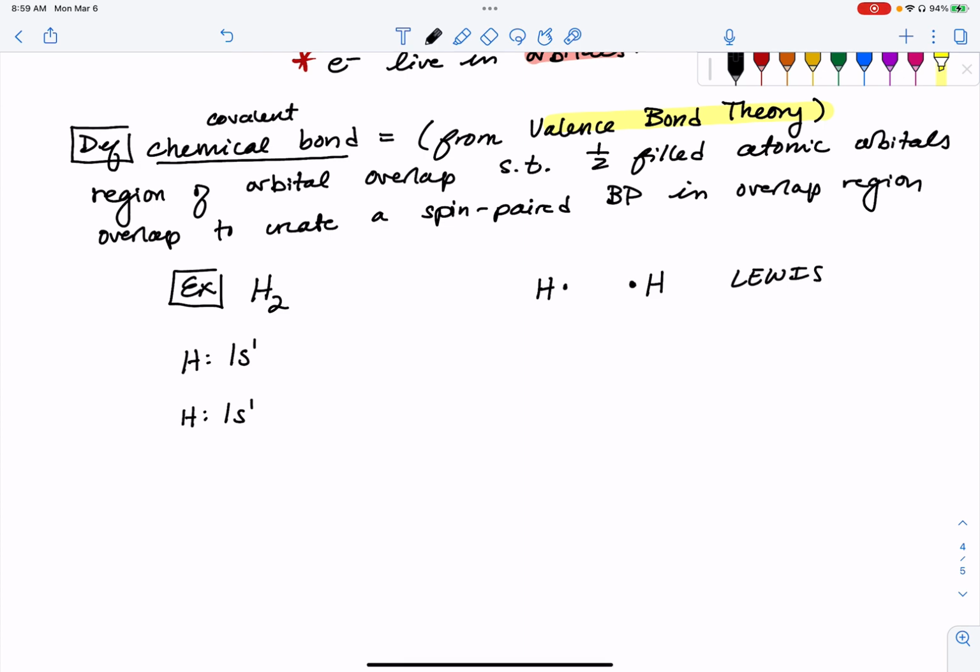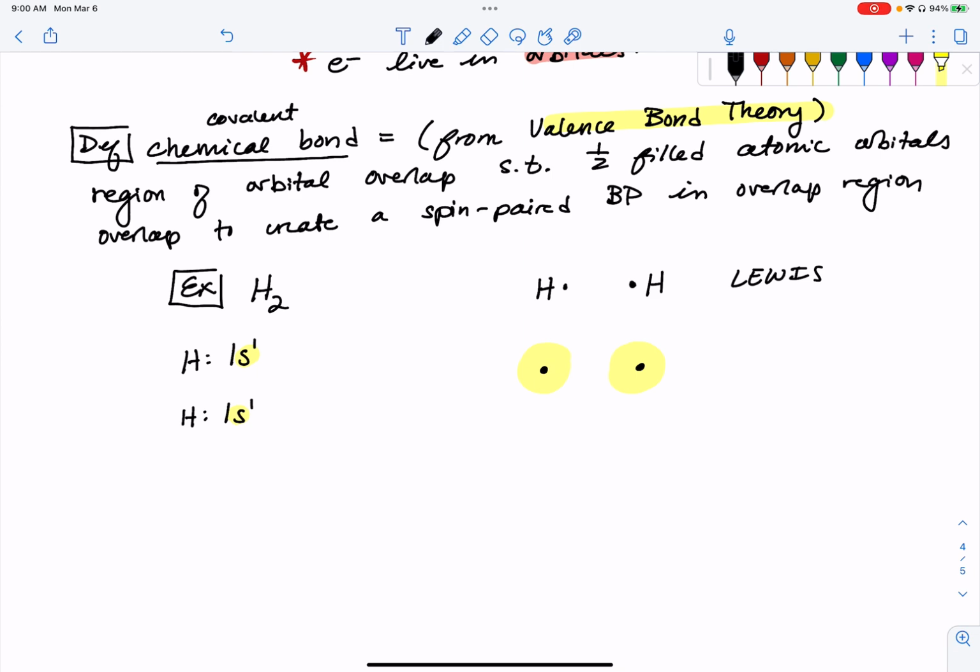But in the quantum model, I would treat a little dot as showing where my nucleus is, and then represent this 1s orbital as a sphere around each of these electrons.